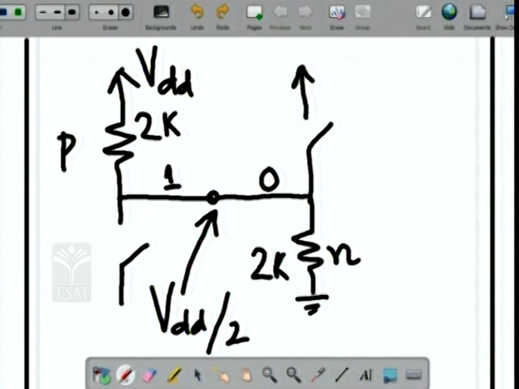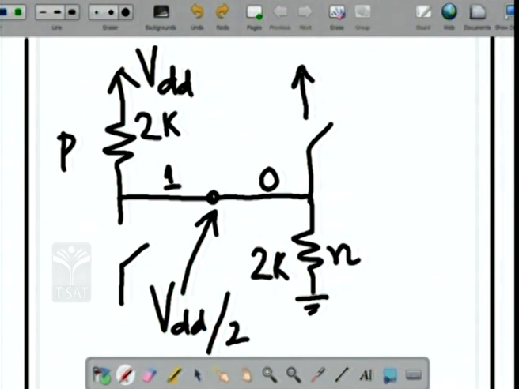This will be VDD by 2, and therefore it is neither a logic 1 nor a logic 0. In Verilog it is called X. X is something which is unknown. It may be treated as a logic 0, it may be treated as a logic 1 by some other devices. Therefore, there is a contention which results in a value of X. Now this is the case when both the devices are equally strong.